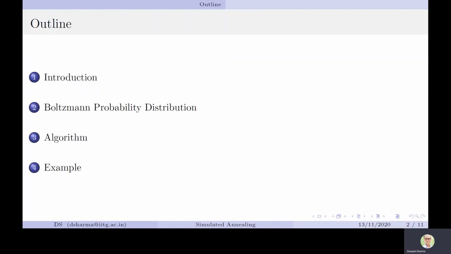In this particular lecture, we will be introducing the topic. Then we will discuss the Boltzmann probability distribution, which has been used in designing simulated annealing. Thereafter, we discuss the algorithm and then an example.